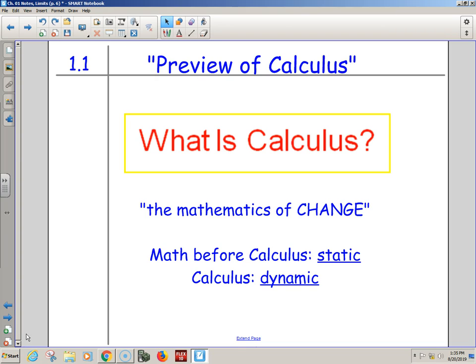Sketch for me the tangent line that would hit y equals x squared at the point 1, 1. You can take your composition book as a straight edge and skim the graph. You can use your ID card or a ruler if you have a ruler. So try to sketch for me and for your group the tangent line that goes through the point 1, 1.